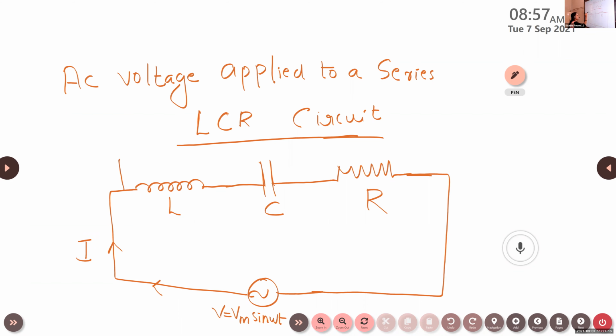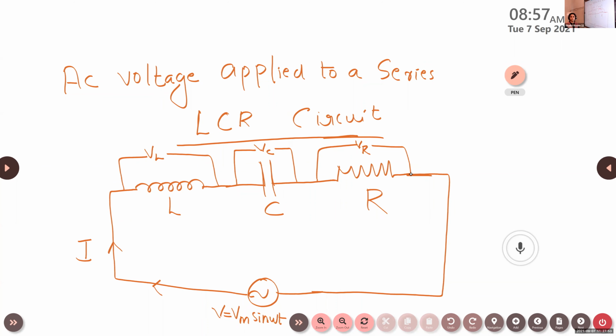So here VL is the potential across the inductor L, VC is the potential across the capacitor with capacitance C, and VR is the potential across the resistor with resistance R. So we consider a series combination of inductor, capacitor, and resistor, then apply an alternating source of EMF V = Vm sin ωt to it.